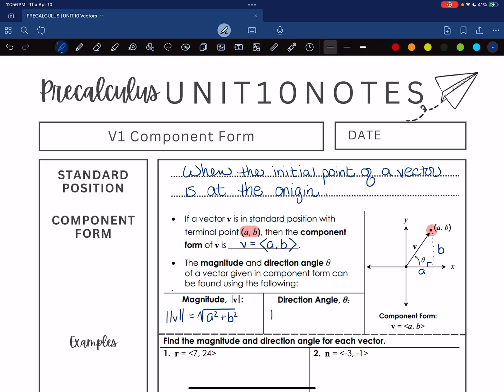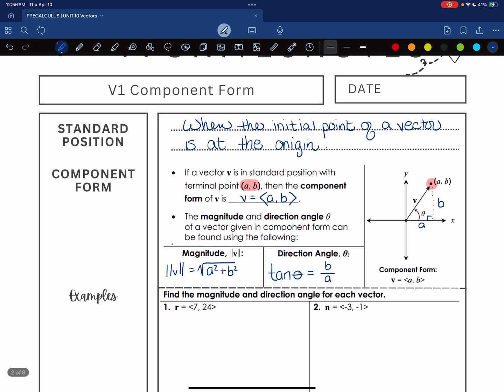That is tangent. So tangent of your angle is the opposite, which is your b, your y value, over your a, which is that x value. And if you were solving for theta, then you take inverse tangent of that ratio, like we have done in our prior units.